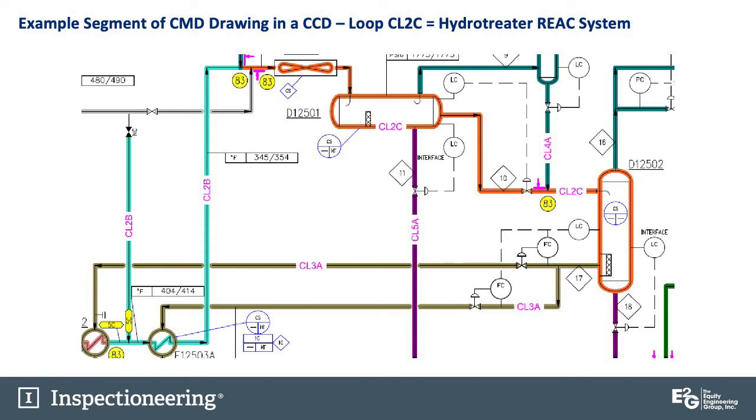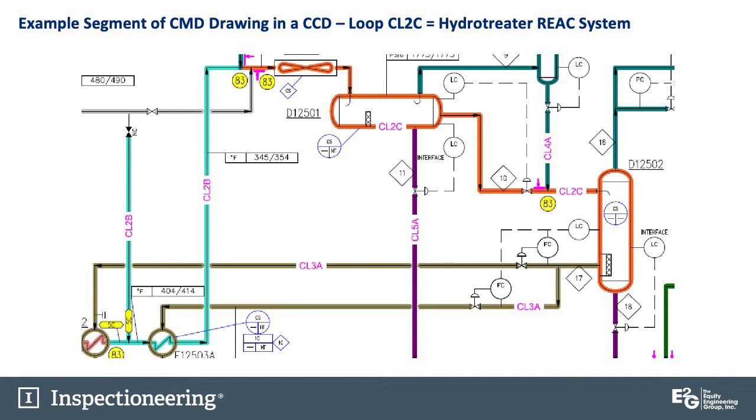All those have been heat treated. That's what all those symbols on the exchanger are. The circle represents the shell metallurgy and heat treatment. The rectangle represents the channel side metallurgy and heat treatment, and the diamond represents the bundle metallurgy. Over on the cold separator up here, we can see it's a post-weld heat treated carbon steel cold separator. The REAC itself is constructed of carbon steel. Basically, this REAC system is an all carbon steel system.